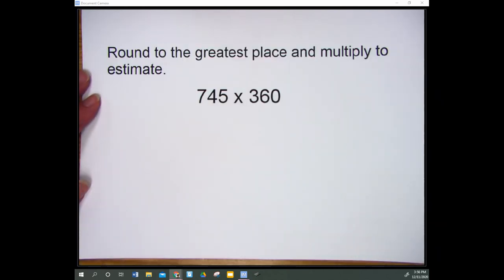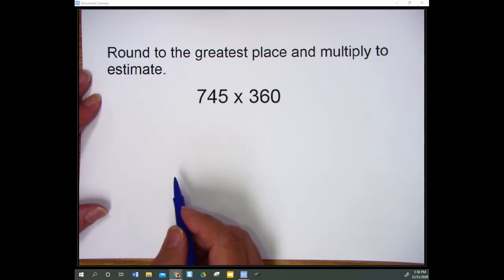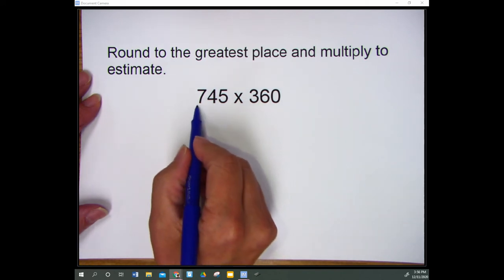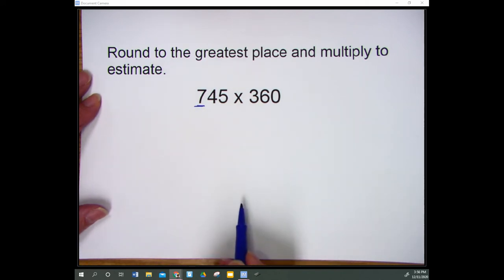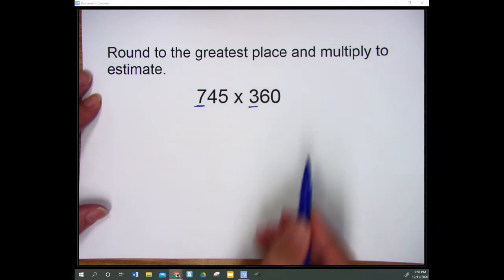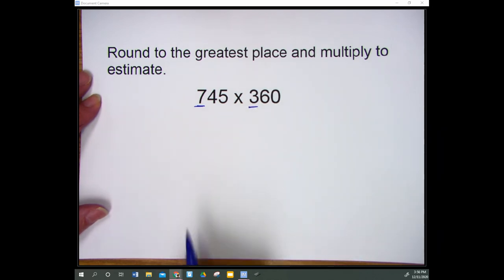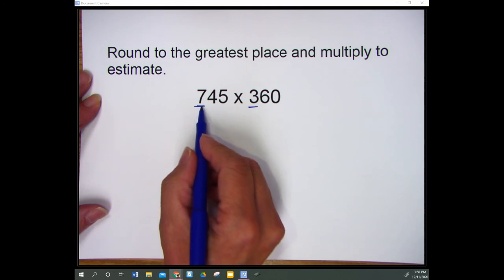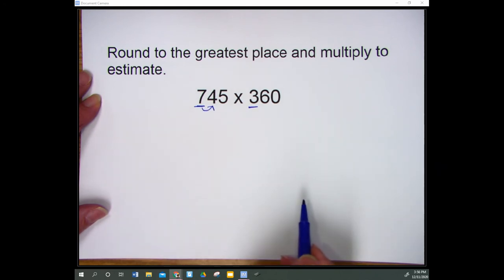All right. We're coming up with an estimate for 745 times 360, about how much that would be. Now remember, we're going to round to the greatest place value column because we want this to be easy for us to do in our head. So, rounding to the nearest 100 on 745 and rounding to the nearest 100 on 360. 745 is between 700 and 800, and you can see I'm going to the lower value, right?